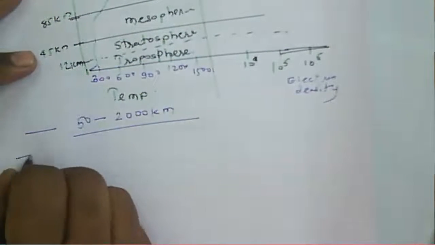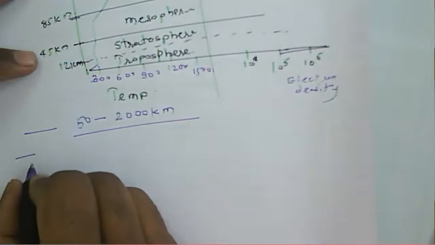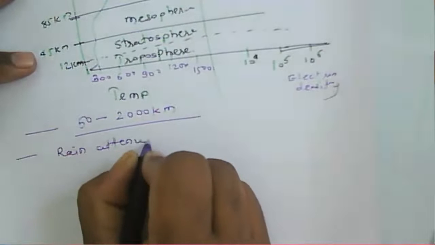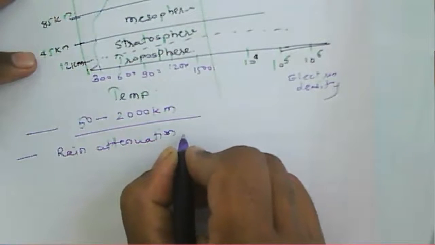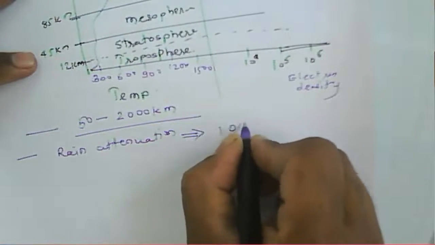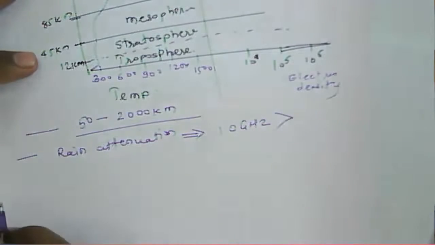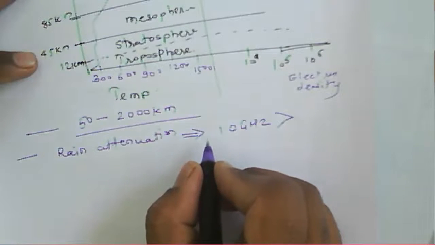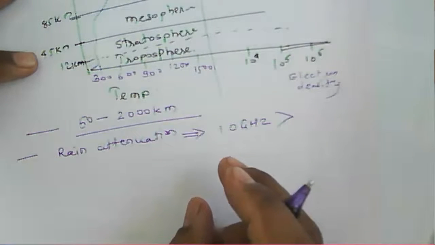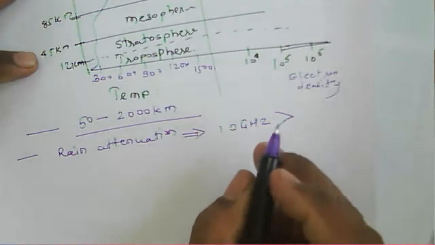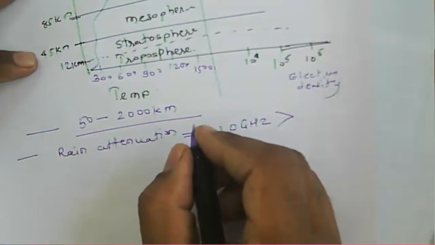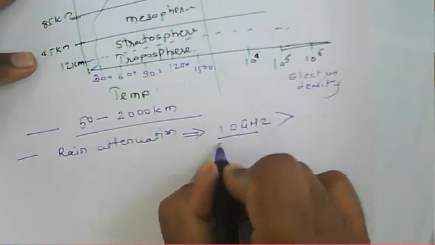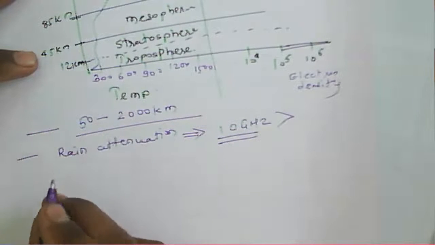And again, we summarize that the rain attenuation will be more above 10 gigahertz frequency. It depends upon the wavelength, raindrop rate, raindrop size, raindrop distributions, or raindrop shapes, but it will be significant at about 10 gigahertz.